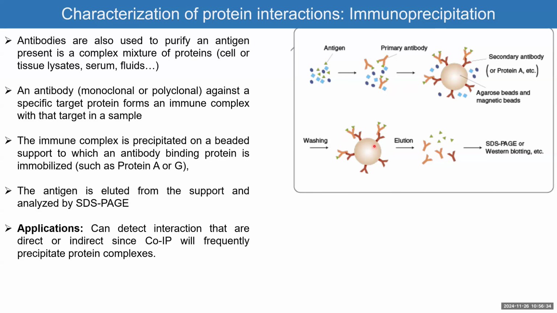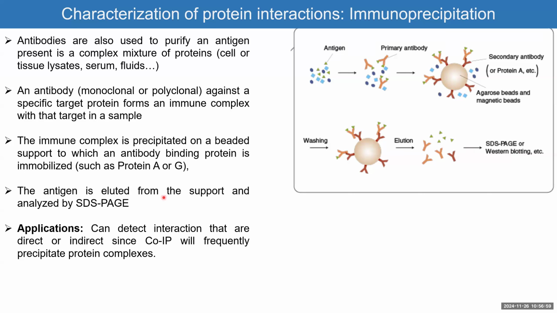You centrifuge them and they will be pelleted. If you wash, this unspecific binding is going to get away. Only the binding specific to that antibody stays. Then you do elution. The elution is done using SDS and beta-mercaptoethanol, and then you go to the Western blot. So this is a step before the Western blot.